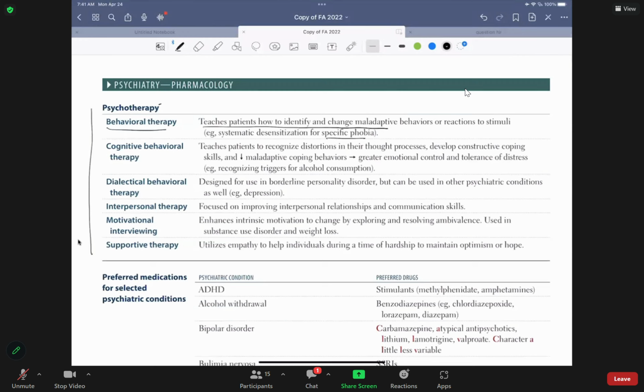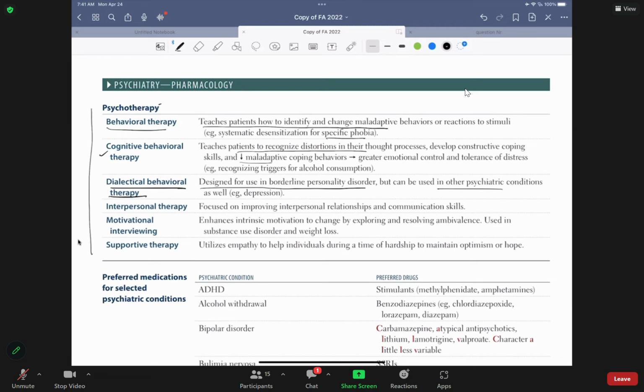So that's behavioral therapy. Now there is something called cognitive behavioral therapy. It teaches the patient to recognize their thought process, what to do, and how to adapt, all those skills. And then we have dialectical behavioral therapy, designed for use in borderline personality disorder, but it can be used in other psychiatric conditions.